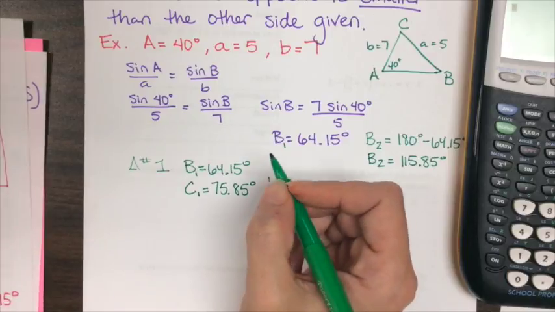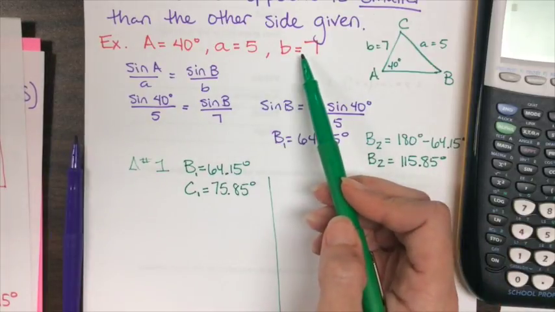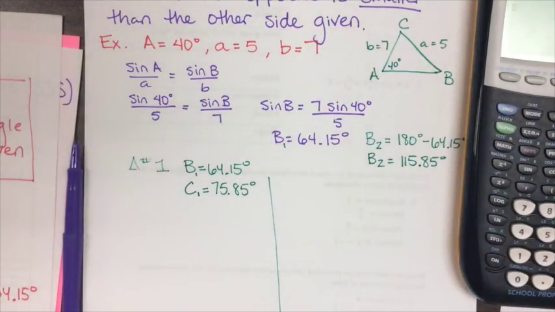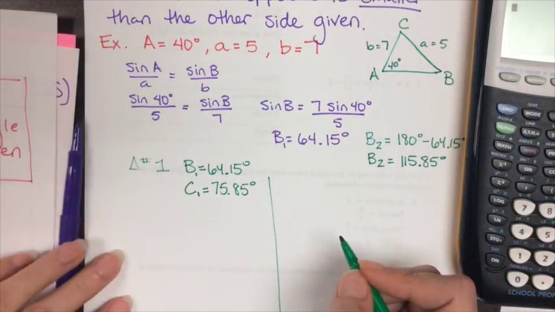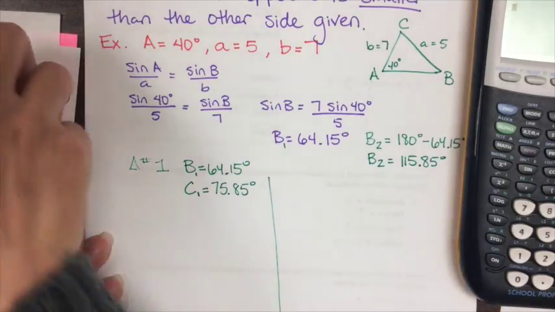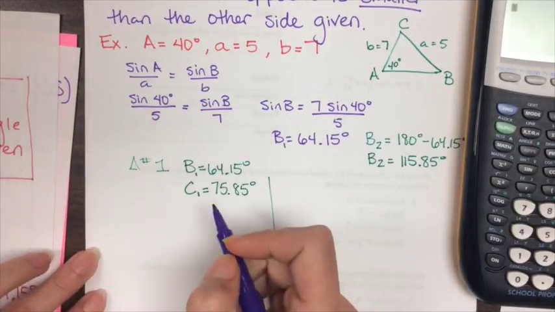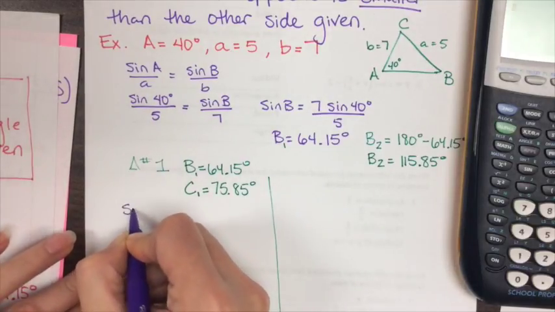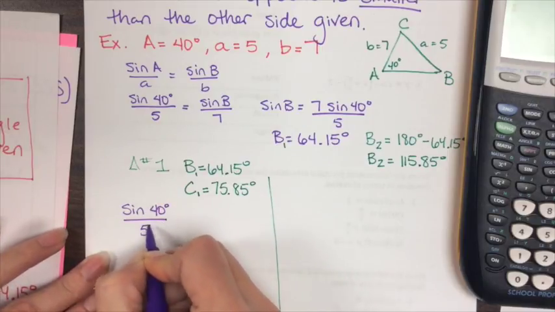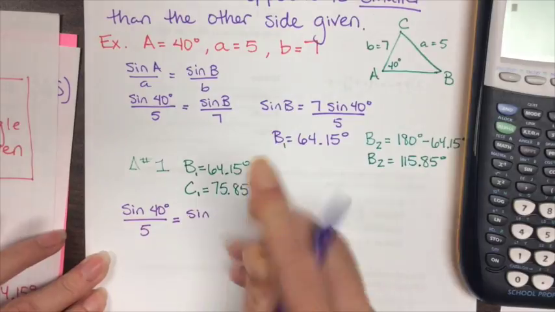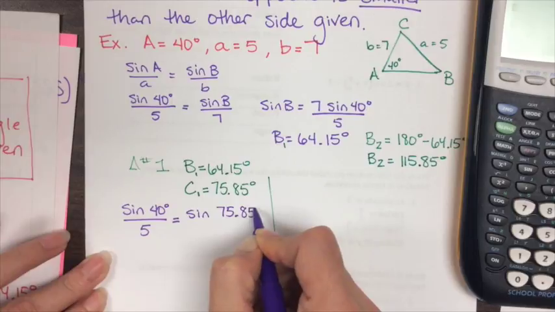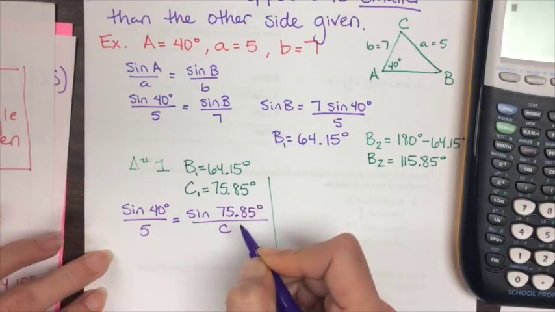Now, we have side a, side b, and we have all three angles. We just need to find side c. So let's use the law of sines again, and this time we're going to go back to angle A. I like to start with what's given. So sine of 40 degrees over 5 equals sine of angle C, 75.85 degrees, over side c.